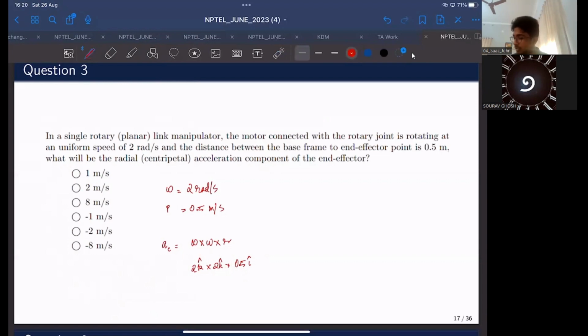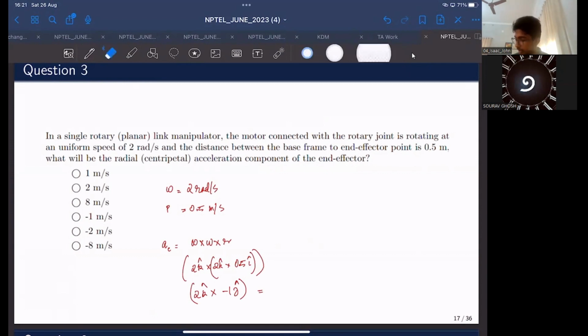So if you do this, 2k cross 0.5i, what would be the answer? If you take these two terms, it'll be 2 multiplied by 0.5. K cross i, what is k cross i? That is minus j, right? This would be minus 1j.